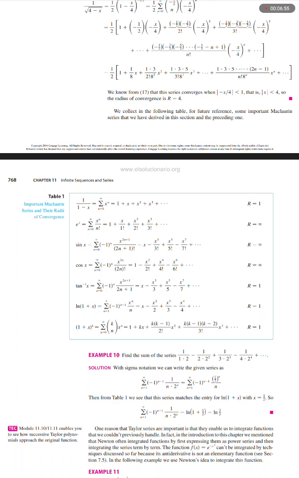The radius of convergence equals infinity.